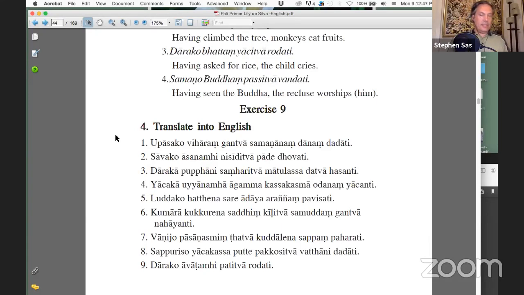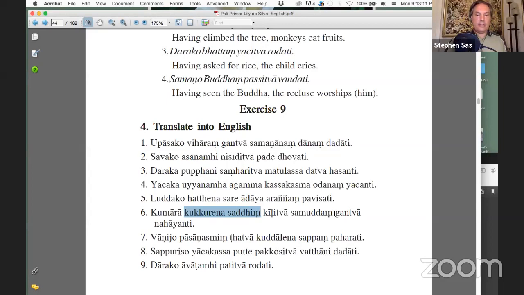So how I would take it, let me try, okay? I would start right here, kilitva, with the absolutive. Having played, then we have our instrumental of accompaniment, together with the dog.